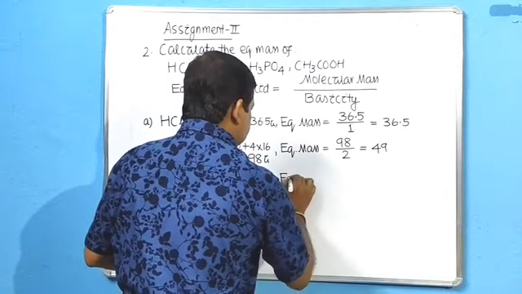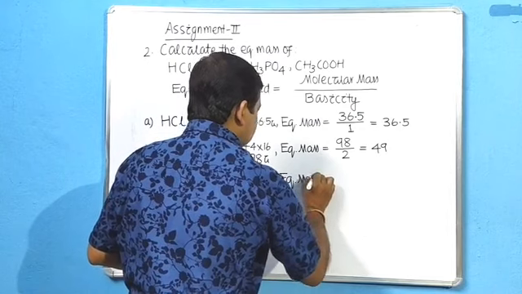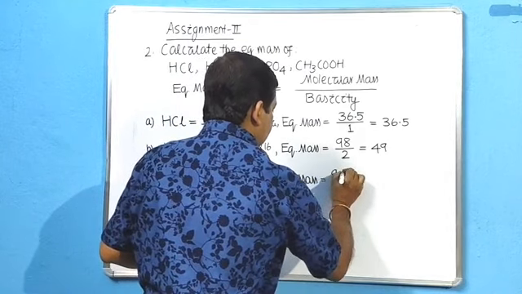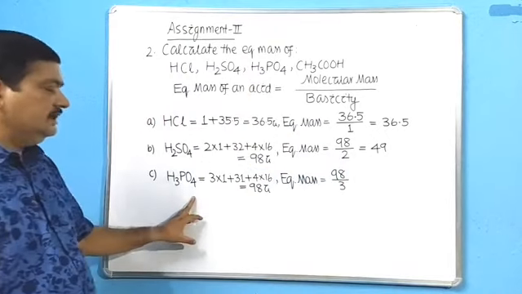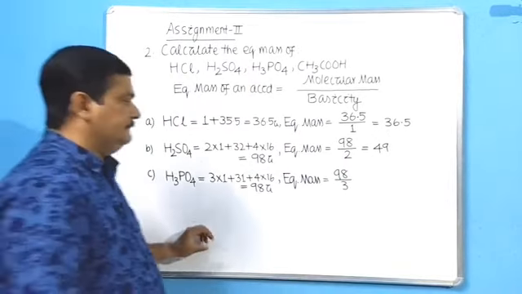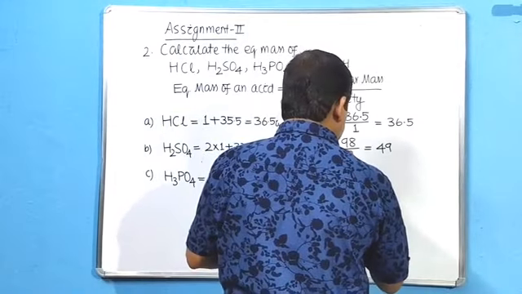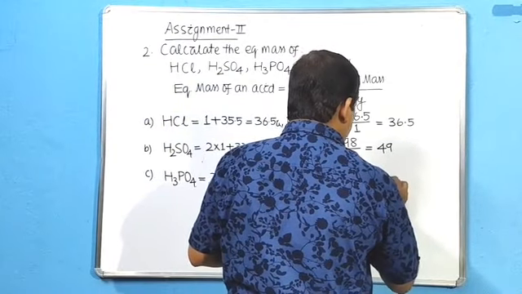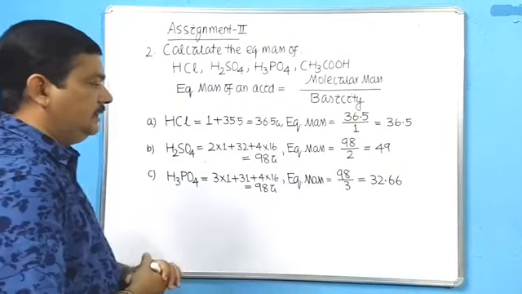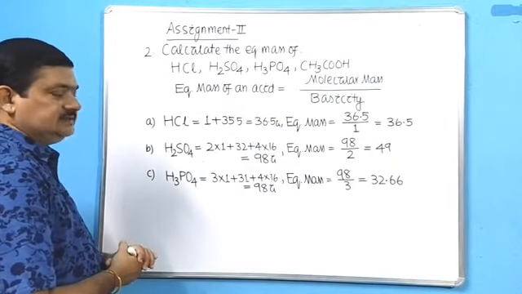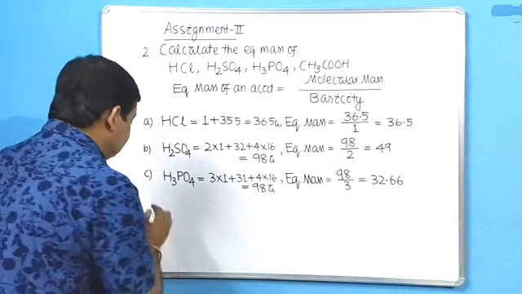Equivalent mass would be 98 divided by 3. Here the basicity of phosphoric acid is 3. So the answer would be 32.66. Equivalent mass of phosphoric acid is 32.66.